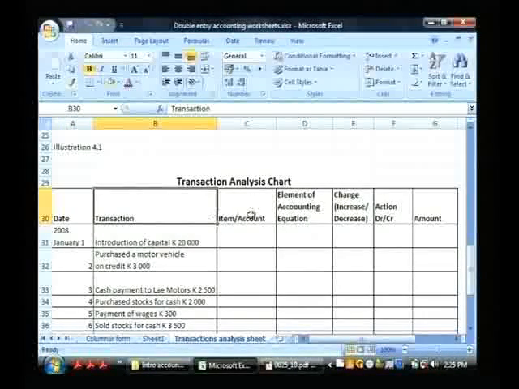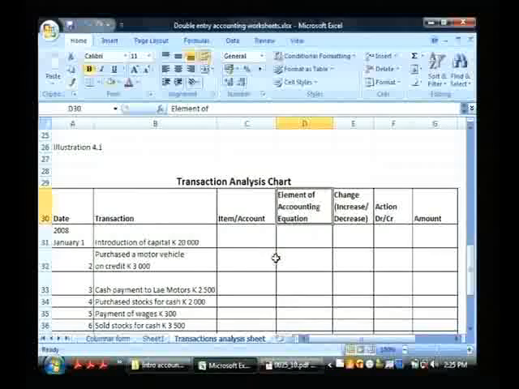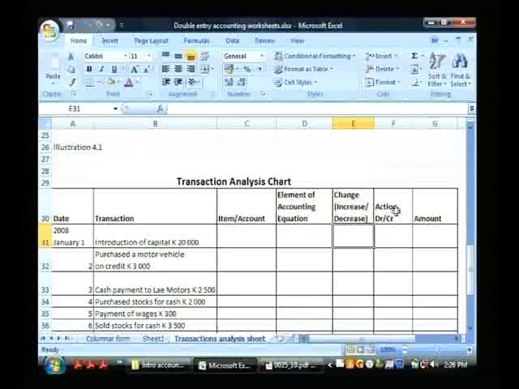Date, transaction, item of accounting equation or account, and element of accounting equation, then increase or decrease, then action means debit or credit, and finally the amount.